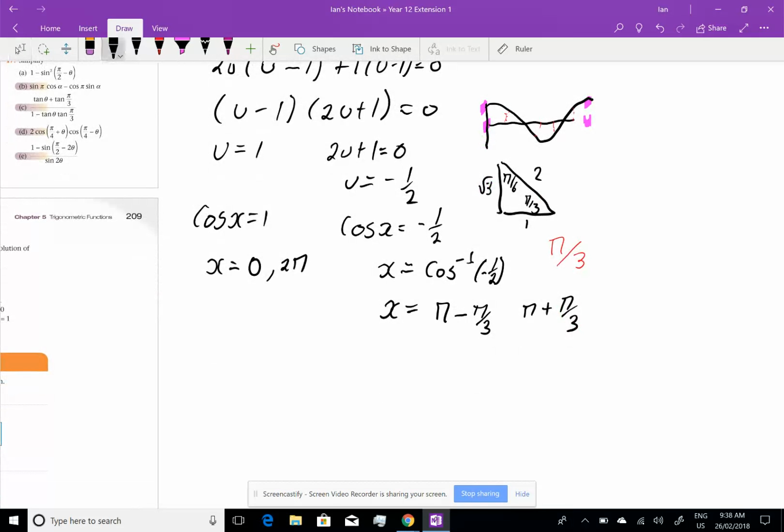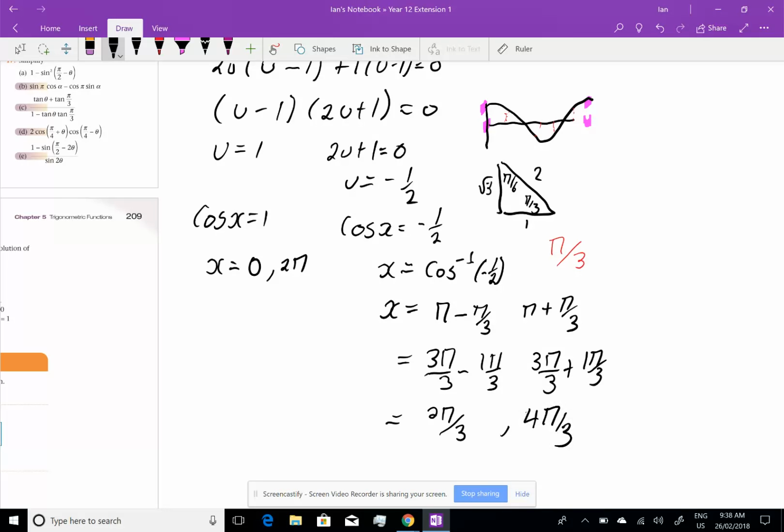Now, if you're having trouble with these fractions, just think that's 3 pi on 3 minus 1 pi on 3, which gives us 2 pi on 3. And this one is 3 pi on 3 plus 1 pi on 3, which gives us 4 pi on 3.